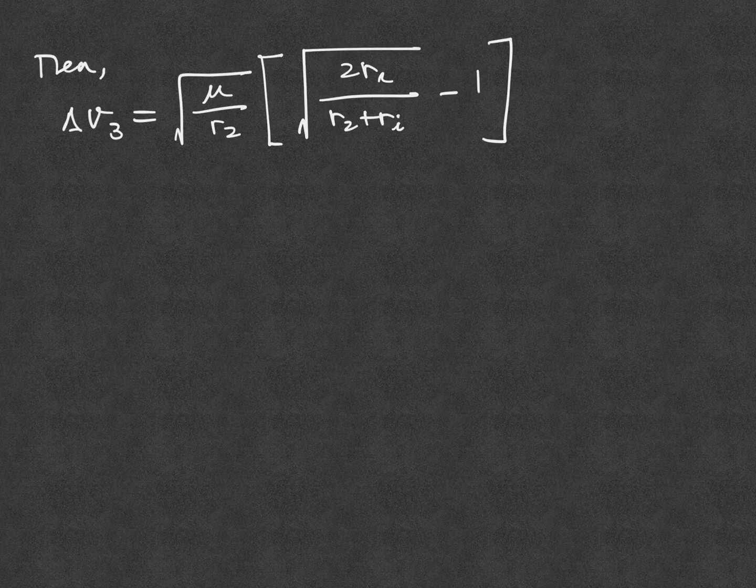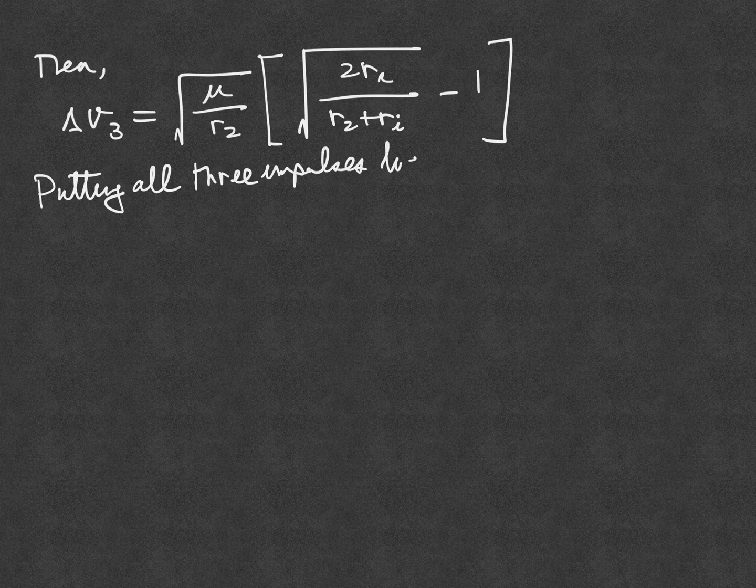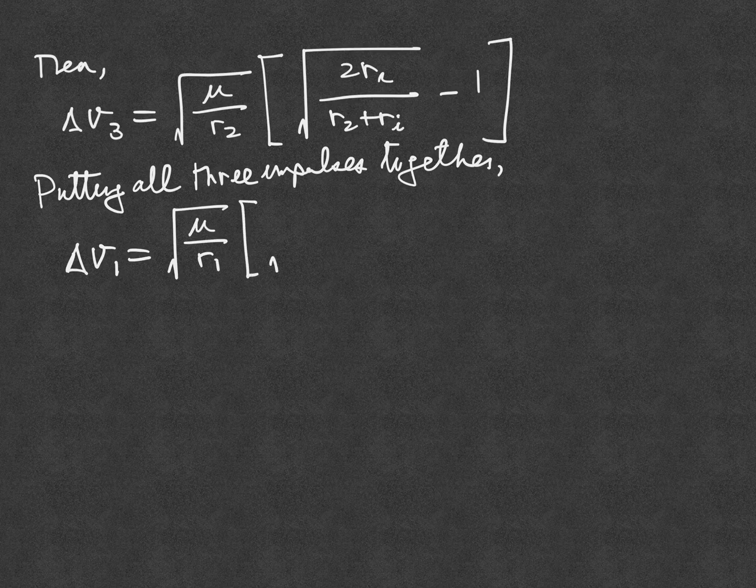So putting all three impulses together, we have the following expressions. We have delta V1 is equal to the square root of mu over R1 times the square root of 2Ri, all divided by R1 plus Ri, minus 1.